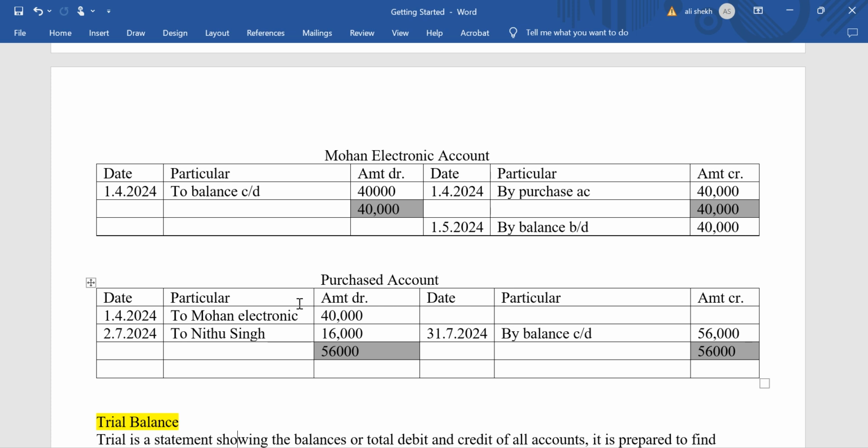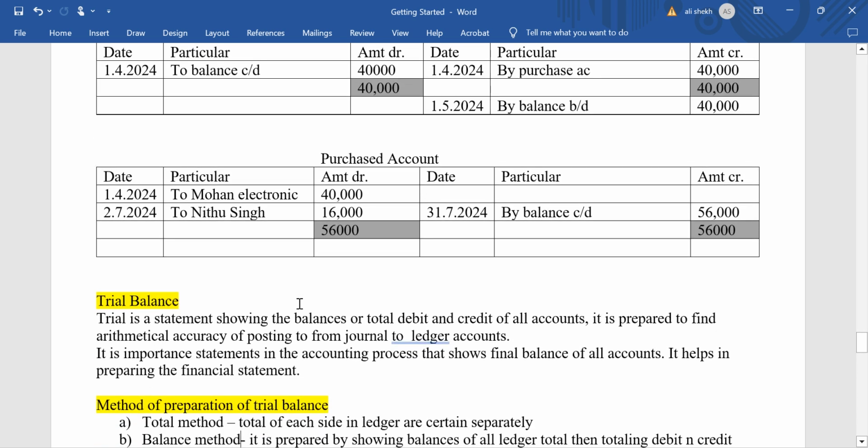Then next purchase is from Neetu Singh, so we will write to Neetu Singh 16,000. So debit side total becomes 56,000 and on the credit side we need the equal amount. So we will write by balance c/d.